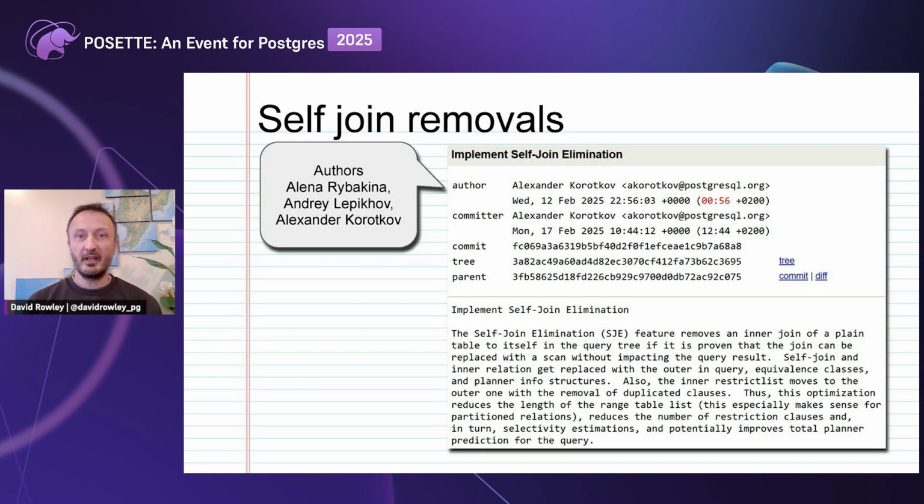You might have defined a view that joins a bunch of tables to get additional information, but maybe sometimes you use only a subset of the columns from that view. It could well be that you don't always need to join those additional tables in all cases. And for a while now, Postgres has allowed this to happen for left joins. So this change in Postgres 18 effectively allows this for self joins.